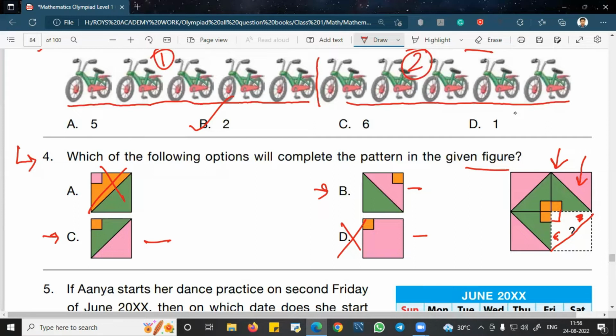So in yellow color we can see it. But in that case, outside this yellow color there will be green. So in that case C has the right thing, so we can see that there is a green portion, but in B it is a pink color, so that's why B will not be the right answer.